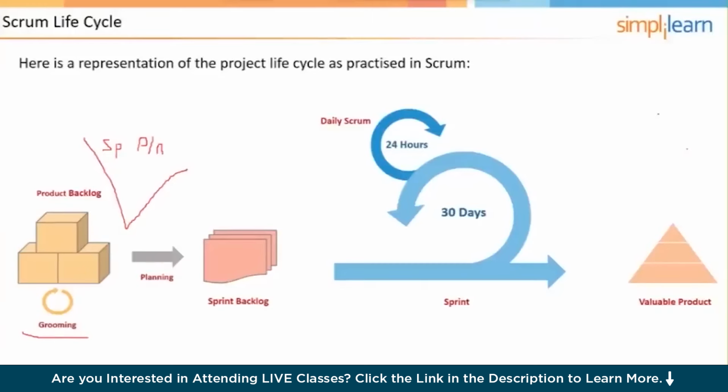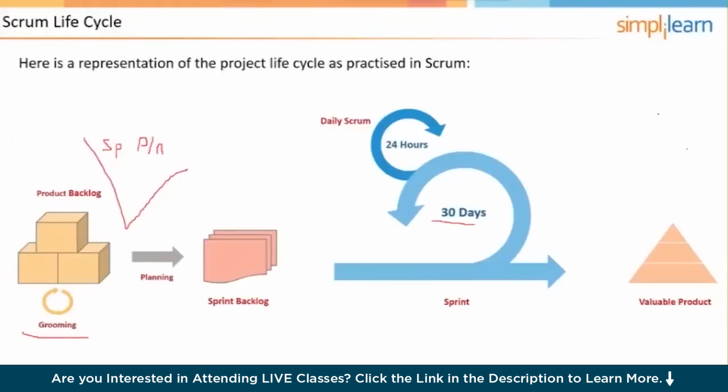It is a time-boxed event, and it is time-boxed to 2 hours for each week of the sprint. So in our example here, we have a 30-day sprint. So if we have a 4-week sprint, then our sprint planning meeting will be 8 hours in duration.